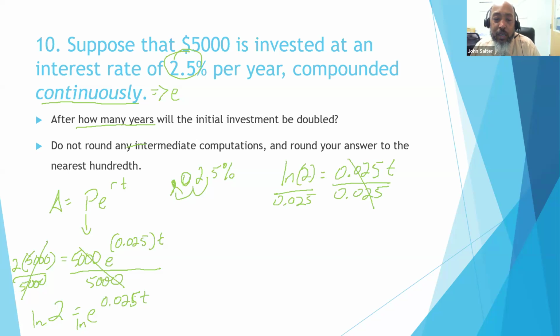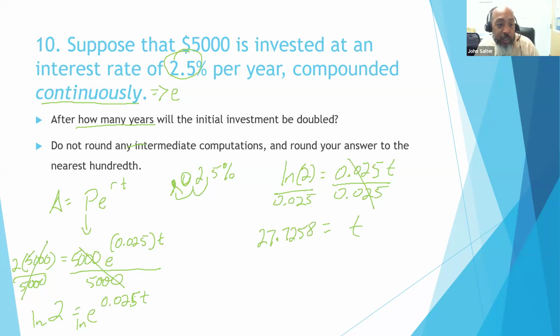On the right side, I get some cancellation, so I get a T. And on the left side, ln of 2 divided by 0.025 is equal to 27.7258.